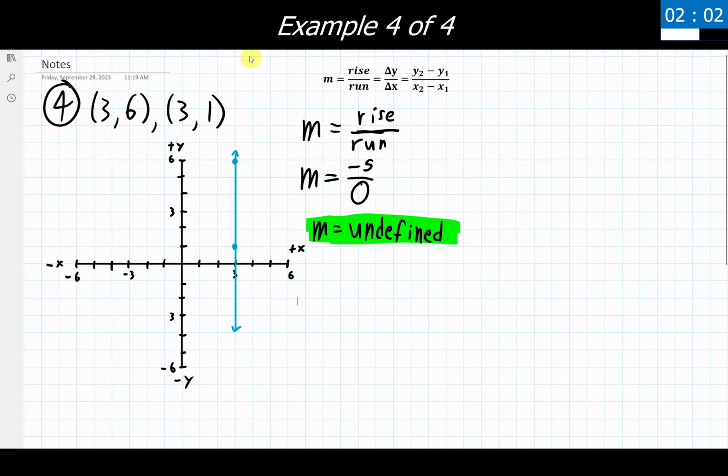The reason it is undefined is that, depending on the way that you want to look at this, from our starting point to our ending point, the slope could theoretically be infinitely negative, like it's just going down infinitely from one point to another point, or in contrast to that, it's increasing infinitely.